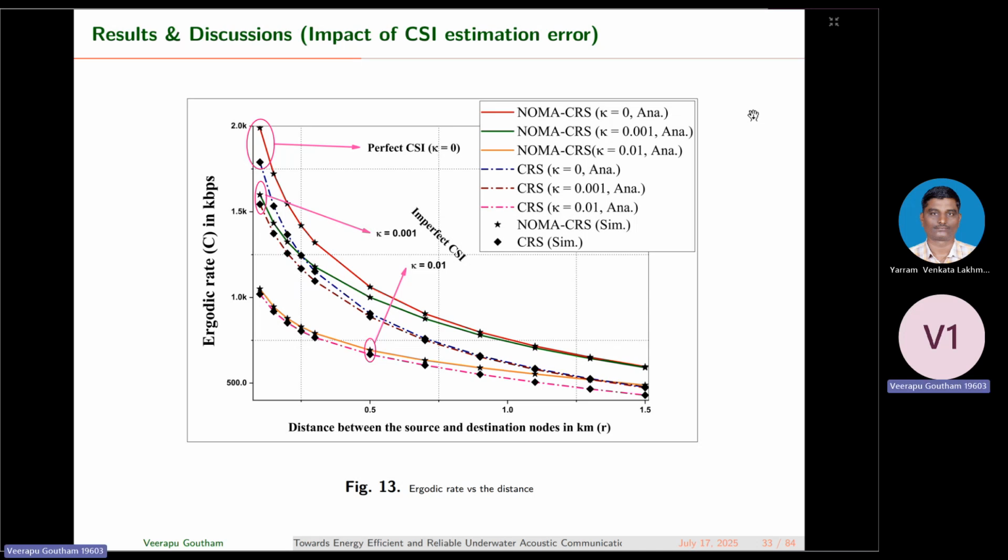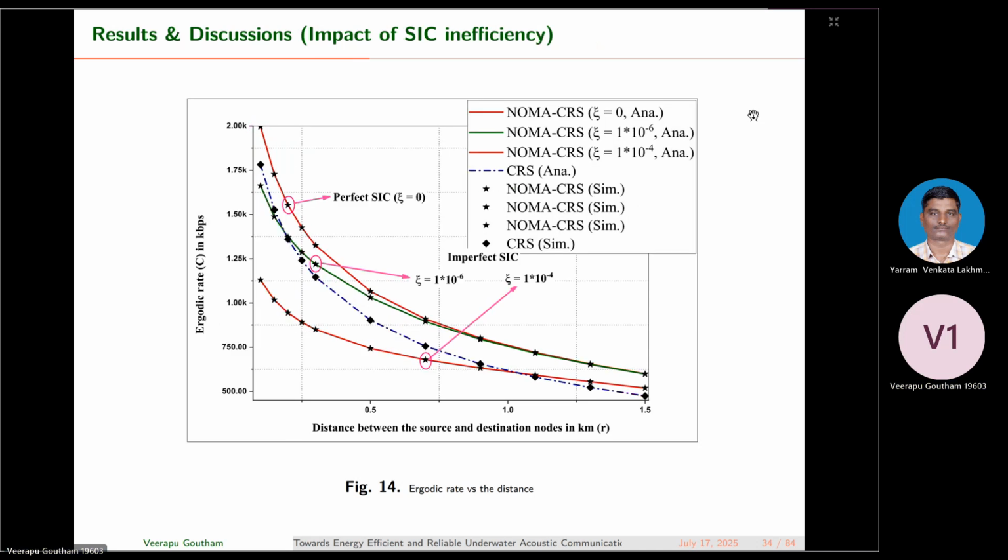We have taken imperfect CSI also. When there is an increase in imperfections, if we are unable to find the channel state information properly, then the rate degrades. Similarly, the near node is decoding the high power user signal.